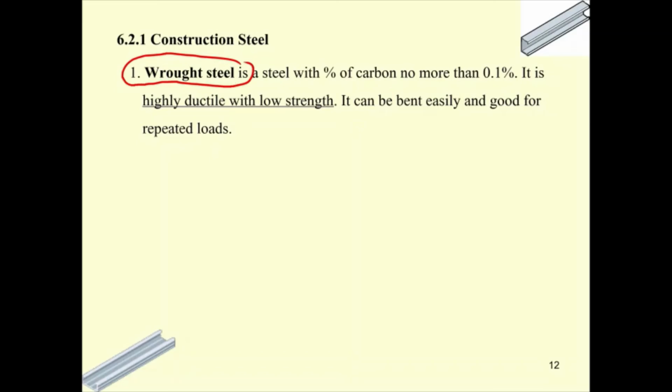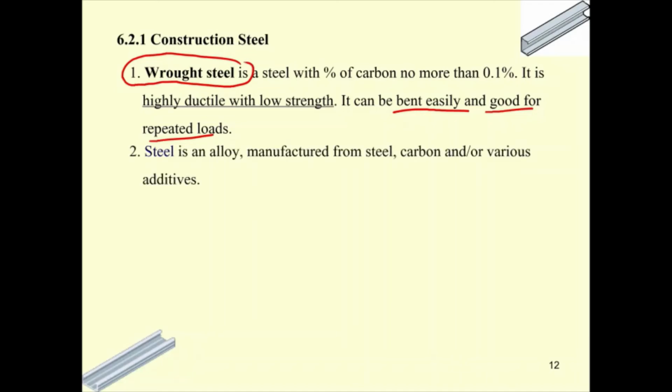My house windows also have wrought iron to protect against the robbers. We use it a lot in Thailand because it can bend easily, and it can be subjected to repeated load. So most of the windows in Thailand have bent steel to protect the house.